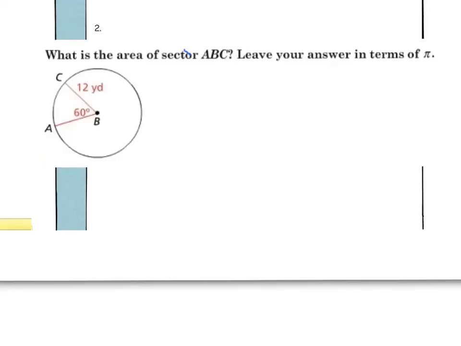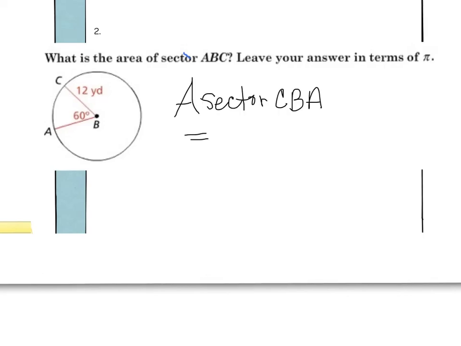Question number 2 says, what is the area of the sector ABC? And it says, leave your answer in terms of pi, which is really nice. So let's go ahead and do that. The area of sector CBA is simply going to be the measure of arc CA, which is here, divided by 360 and then multiplied by pi r squared.